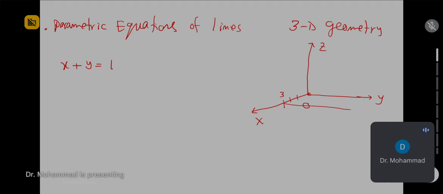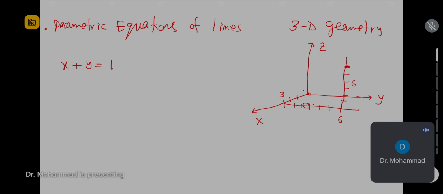And then, for example, these are the parallel lines. For example, here 1, 2, 3, 4, 5, 6. This is 6 along the y-axis, I mean that we are traveling along the y-axis. And then we have another line, 1, 2, 3, 4, 5, 6, so this is also 6 along the z-axis.